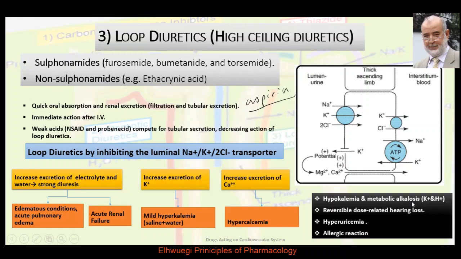Okay, so as side effects of these drugs, we have to take care of hypokalemia. They can decrease the potassium level in the blood, and they can produce metabolic alkalosis, that is, increase the pH of the blood. Usually, sulfonamides affect the optic nerve, and they can lead to hearing loss.